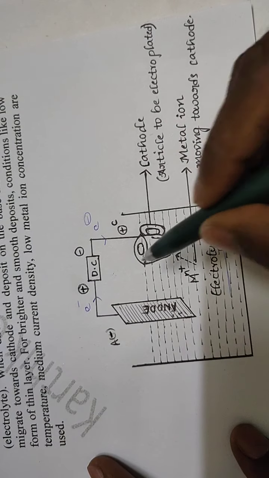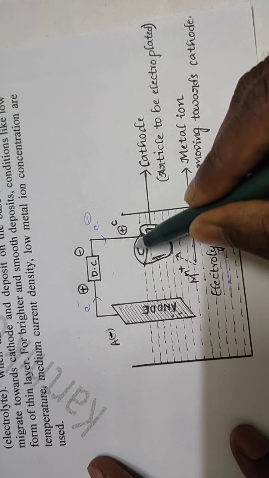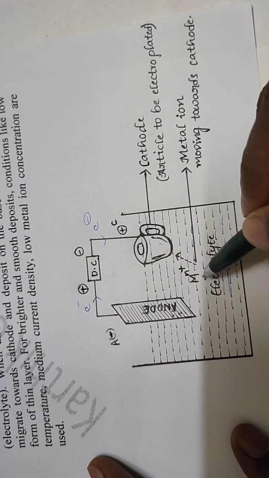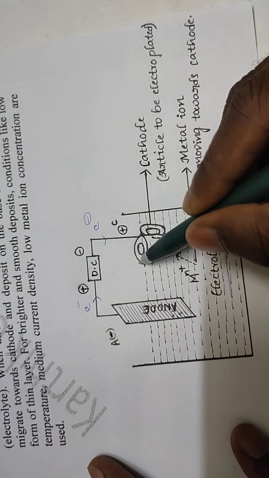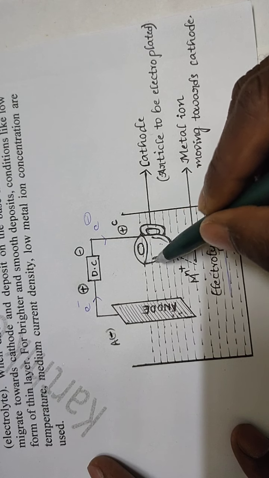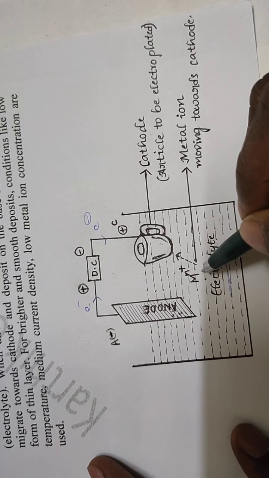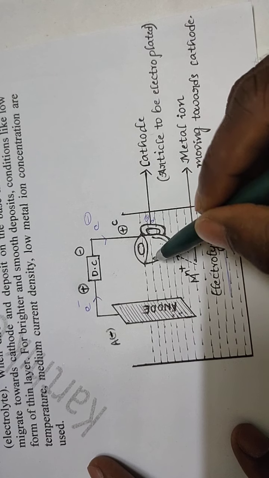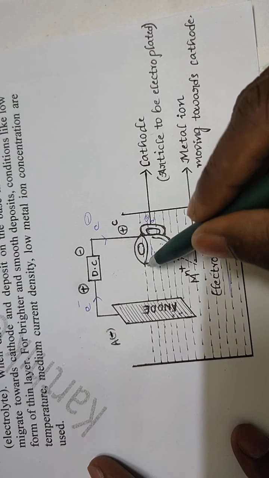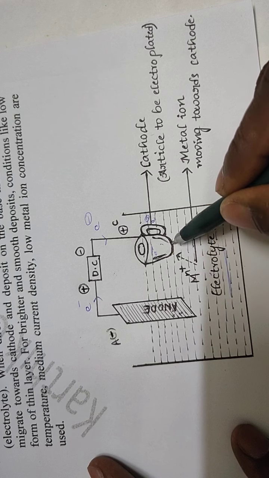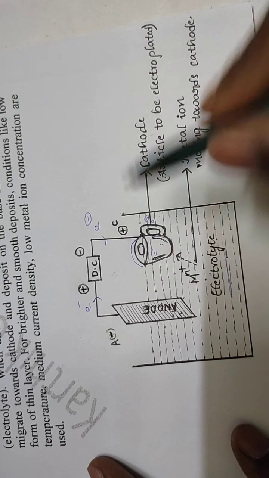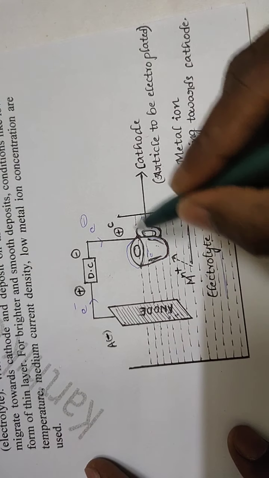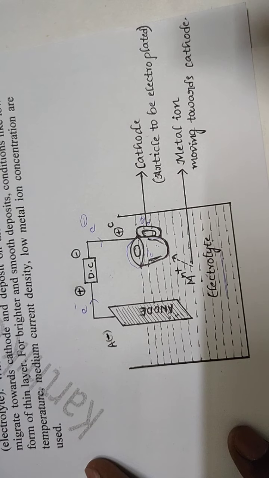The electrons stick on the surface of the base metal, and the positively charged metal ions get attracted towards the negatively charged electrons on the surface of the base metal, and these metal ions are deposited on the surface of the base metal. Here M^n+ plus n electrons gives rise to M.